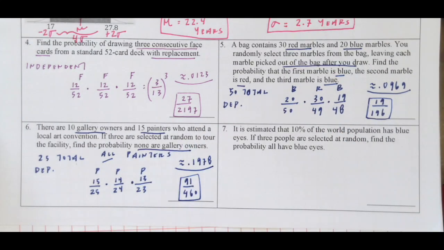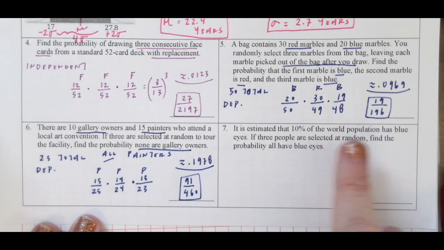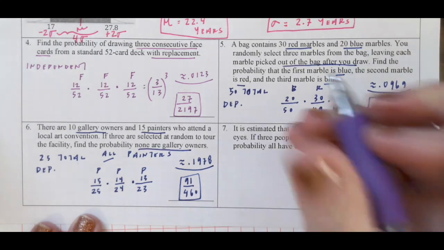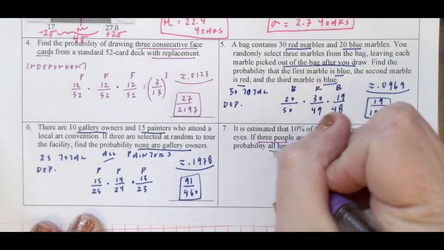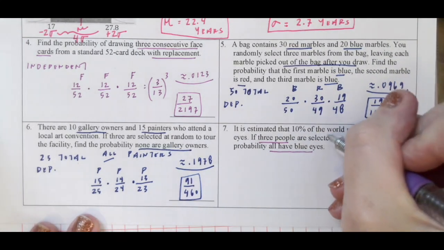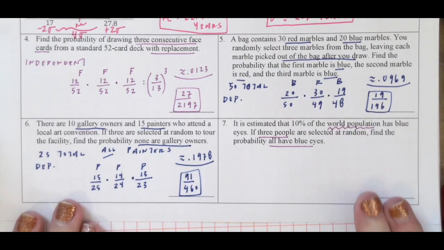Okay, one last variation of independent dependent. So here, 10% of the world population has blue eyes. We're picking 3 people at random, and we want them all to have blue eyes. Now, world population is like 8 or 9 billion people.